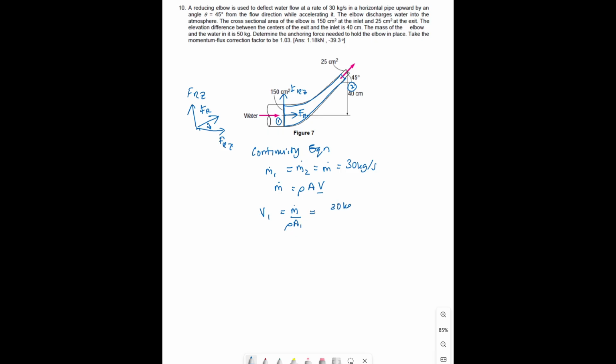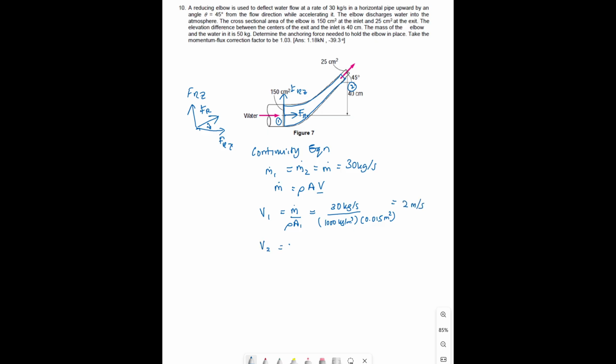Velocity at inlet is equal to m dot over rho A1. So 30 divided by 1000 times the area, which is 150 cm² equals 0.015 m². So the velocity is 2 meters per second.